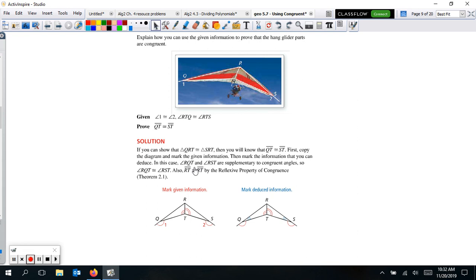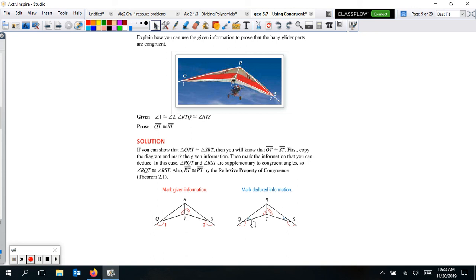So we can now deduce that because RQT and RST, these ones here inside, are supplementary to congruent angles, they're congruent to each other. So now these in blue are congruent to each other. We can also say that RT is congruent to itself because of the reflexive property, so we have a side there.